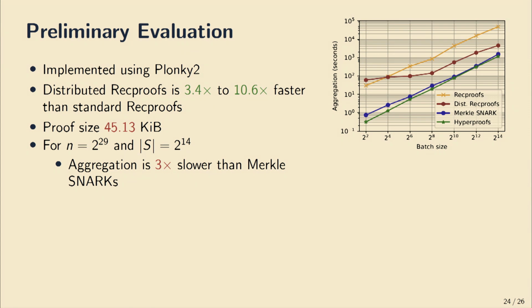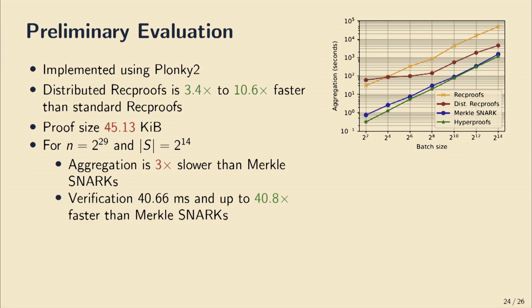And right, so here are some numbers. The aggregation itself, computing the batch proof, is 3 times slower than the Merkle SNARK proof. This is the price you have to pay for the updatability. This is something to be expected. The verification is 40 times faster than the Merkle SNARK approach. This has to do with the fact that the verify algorithm doesn't have to do any group operations.